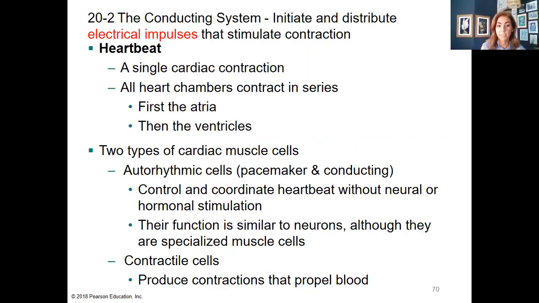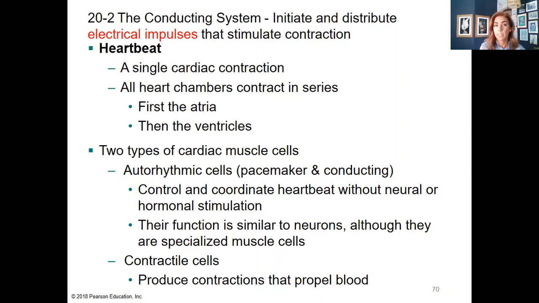When we're looking at the types of cardiac muscle cells, I want you to make sure that you circle auto in the word autorhythmic, so that you can remember that these cells have the ability to control and coordinate the heartbeat without any stimulation either from the nervous system or from the endocrine system. So they can automatically do this all by themselves.